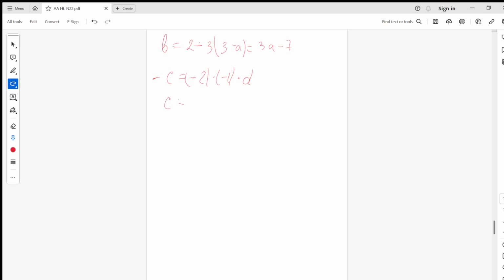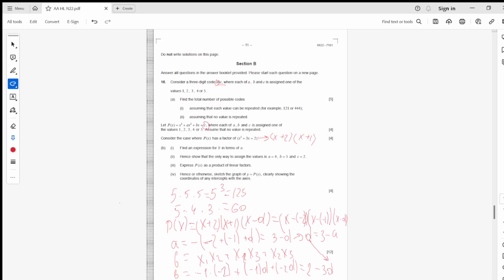So what we have is c is equal to minus 2d, and our only options for c are 2 or 4, because as we look here, of course c should be even, and the only even numbers here are 2 and 4.